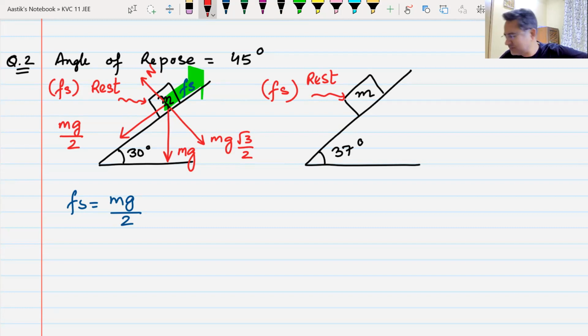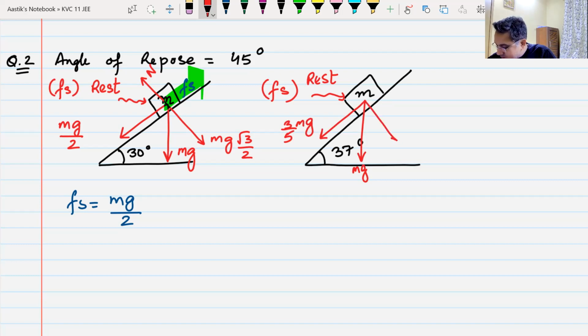This is mg. This is mg sine 37. Sine 37 is 3 by 5. This is mg cos 37, 4 by 5. This is our old friend, normal reaction.